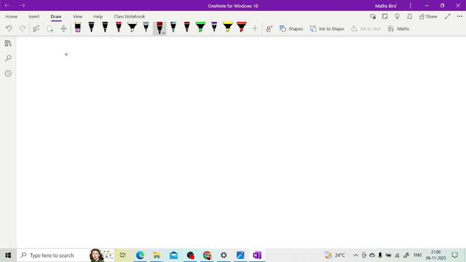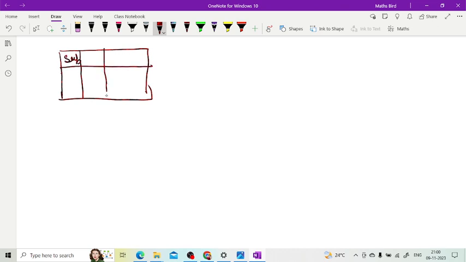Now, the second thing is, suppose I am asking you a question. I am drawing it. The marks obtained by a student in 2 subjects are given below, right? Find in which subject the student has performed better. This is subject, this is marks obtained, and this is total marks.